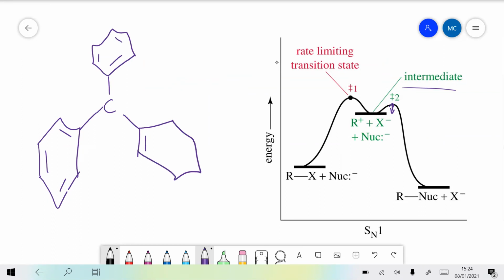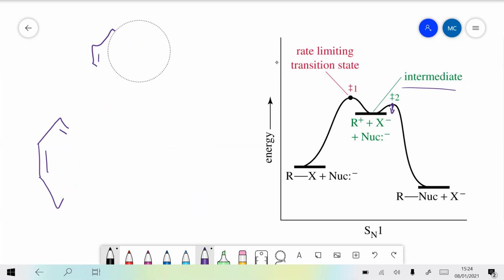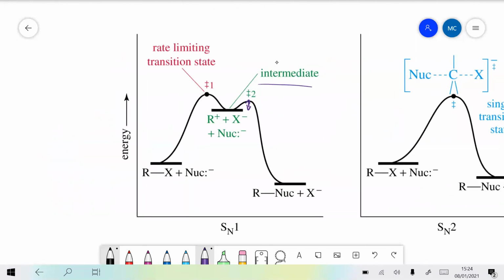Sorry, I really can't draw. This carbocation is stable because there are 3 phenyl groups stabilizing it. In fact, that proton is highly acidic. But most carbocations that we see in SN1 reactions, you would not be able to stop them.